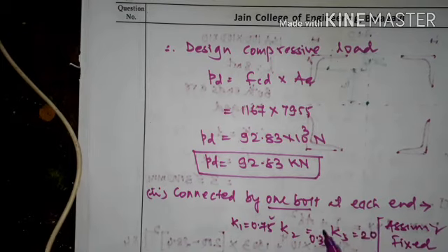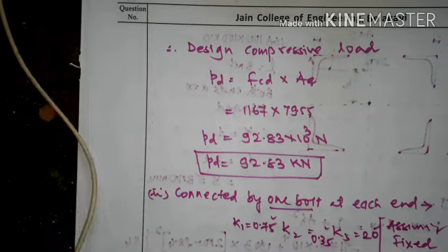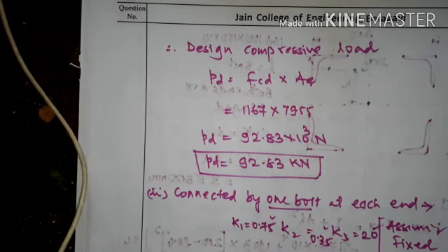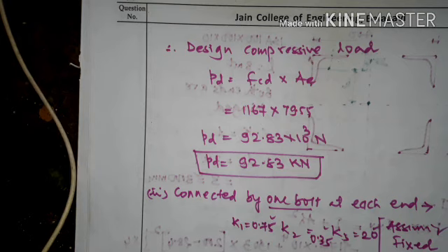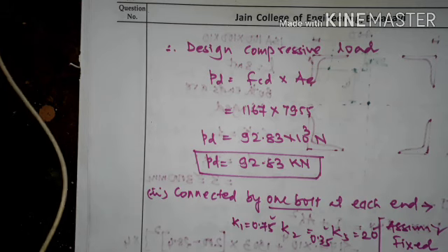You have to use K1, K2, K3 as these values and other steps are same. Only what you have to change there is the value of K1, K2 and K3. Understood? So this is regarding if you are using a single angle strut as a compression member.